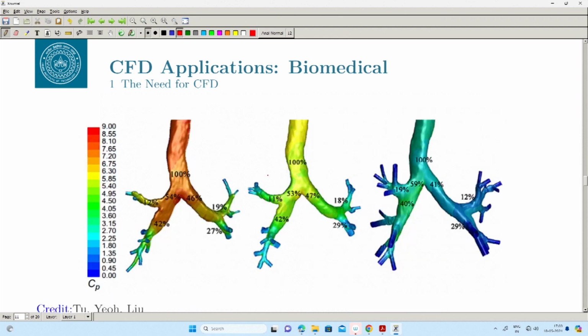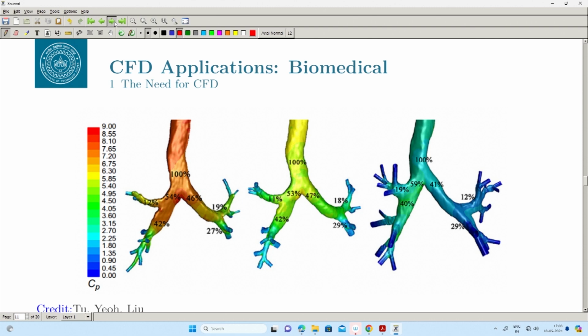Here, for example, these are the simulations of a person with asthma, and you can see that this information is very useful for a clinician, who can look at this profile and tell you how the asthma is affecting the body.